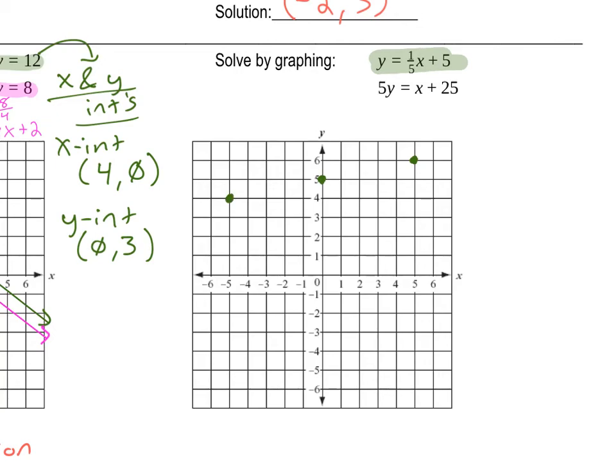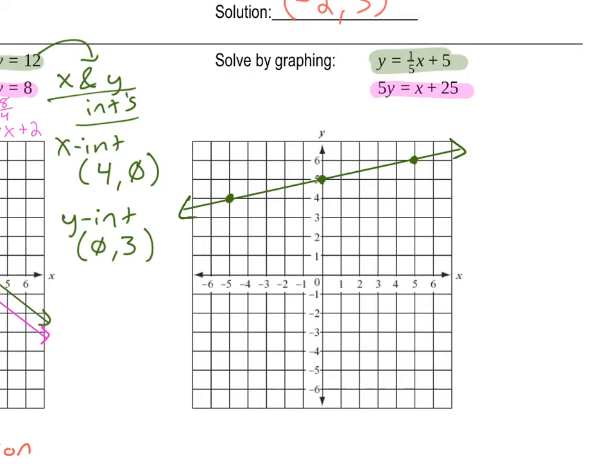And again, that's already ready to be graphed. So I'm going to put my line. All right, there's the first line there. And now we remember slope-intercept is the best way to graph. And we go to graph the next one.